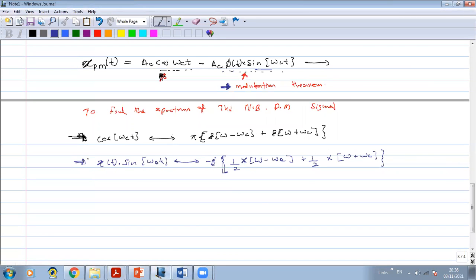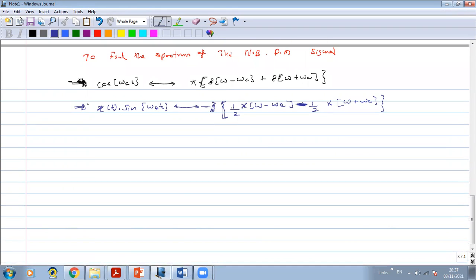Here it is minus, and here it is minus. So this is the Fourier transform of this term. If we write the complete spectrum, that is the Fourier transform of the phase modulator signal.